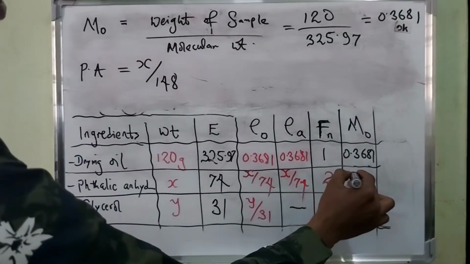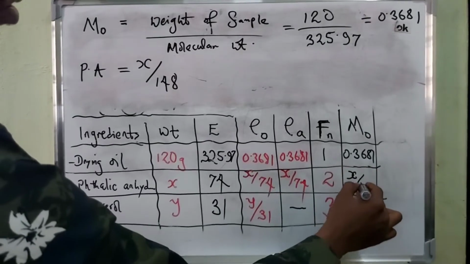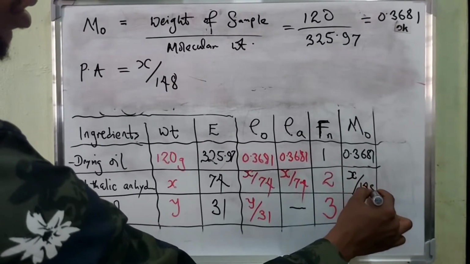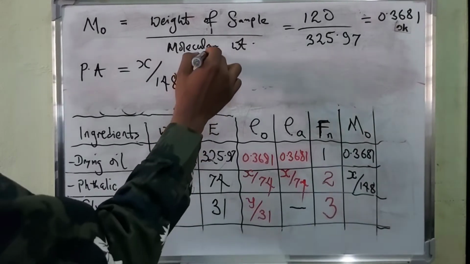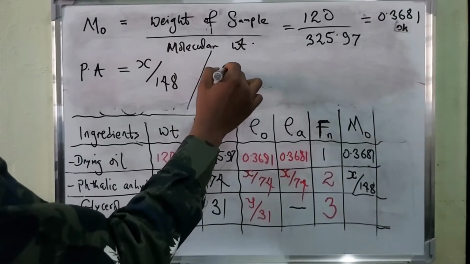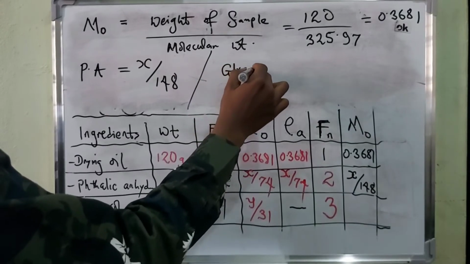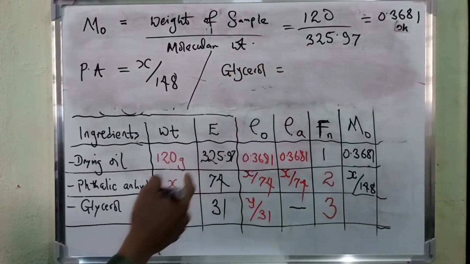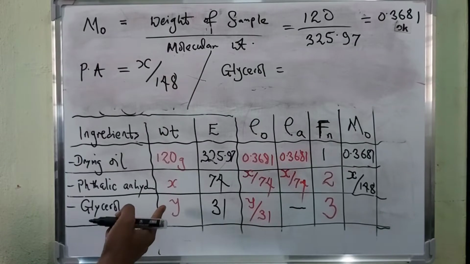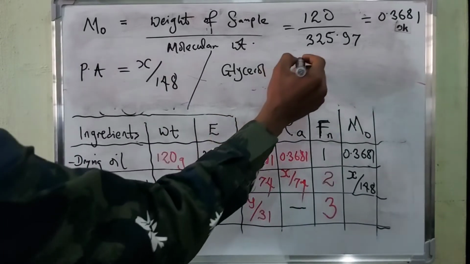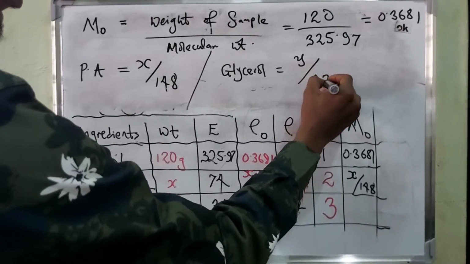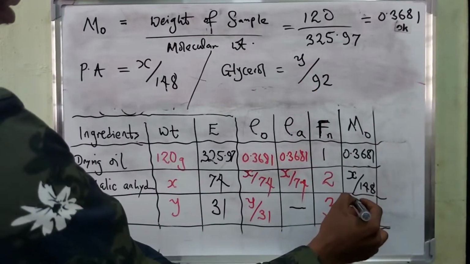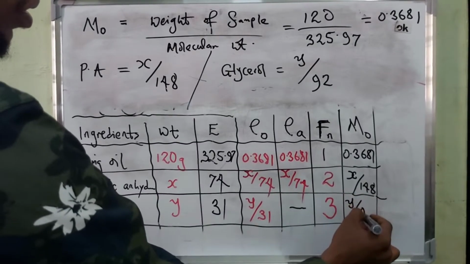Then lastly, that of the glycerol, the same formula for the number of moles. We don't know the weight of the sample yet, so we have Y over 92.